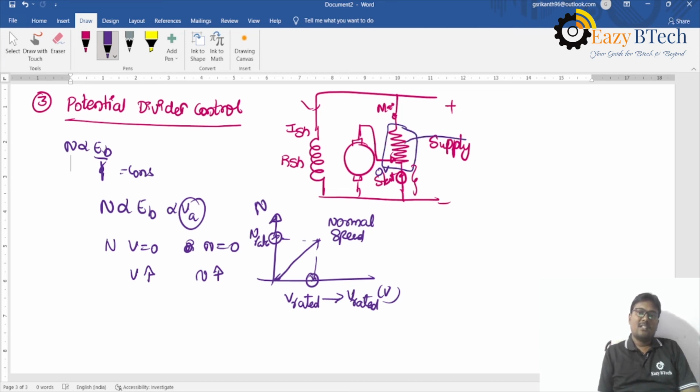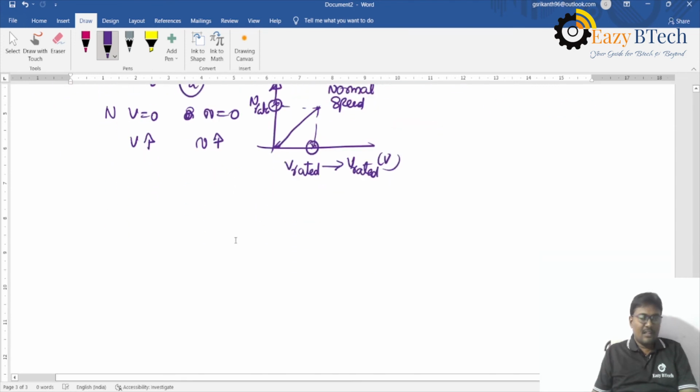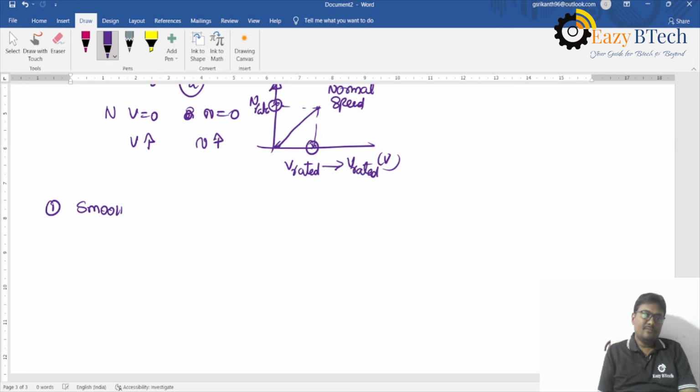We can say that it is called the potential divider. We are connecting three terminals: two are fixed terminals and another one is variable. So if we go for the potential divider control, we can go down to zero speed, and this method is very smooth. These are the advantages.